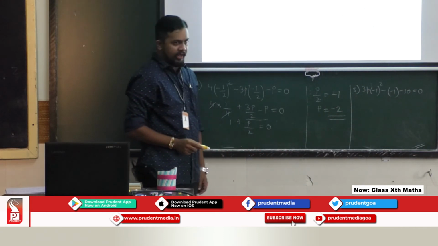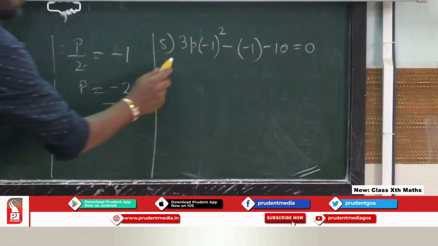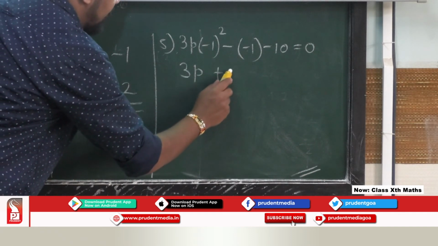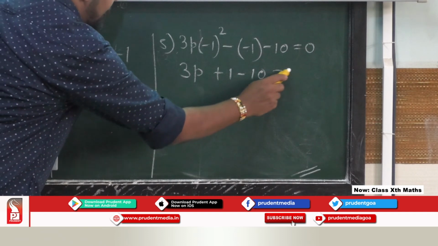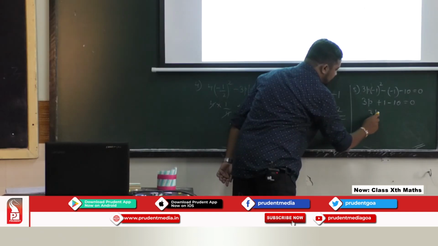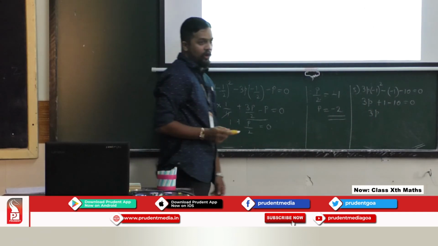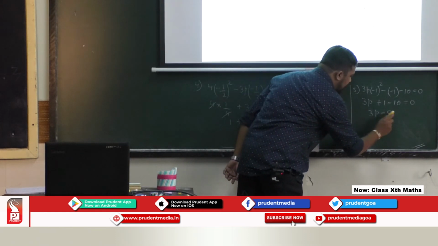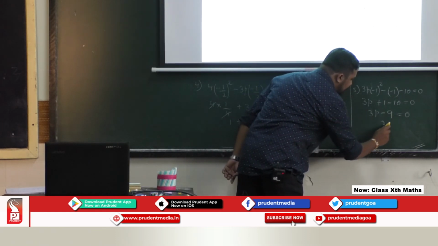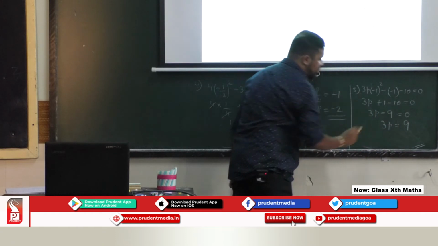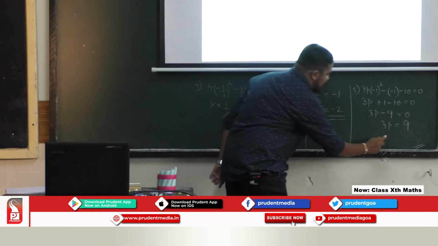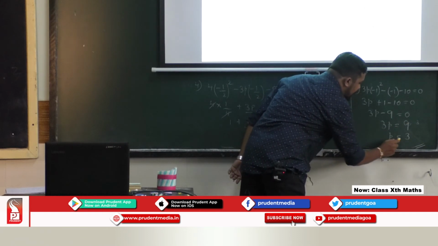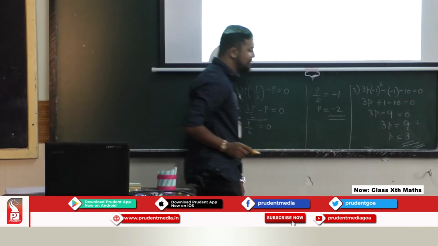Negative 1 the whole square is 1. So 3p into 1, 3p, minus into minus plus 1, minus 10, or 10 minus 1, that is 9, sign of the bigger number, minus. Okay, take the number 9 on the other side, it becomes positive 9. So 3 table I can cancel, 3 ones are 3, 3 threes are 9. So value of p is 3.